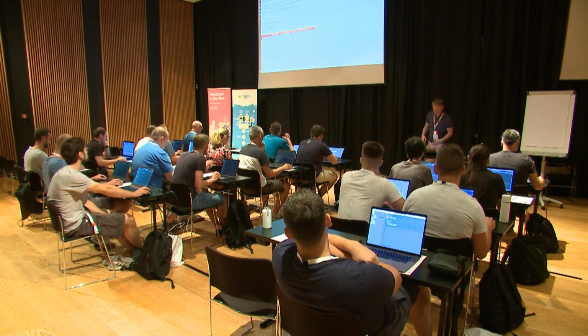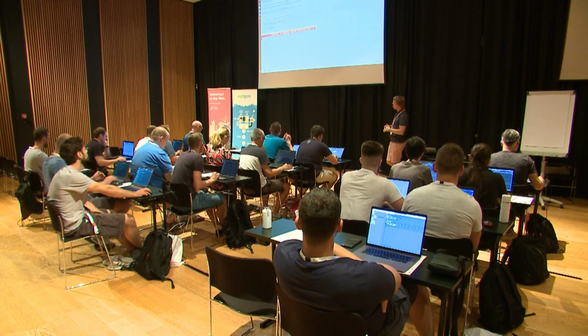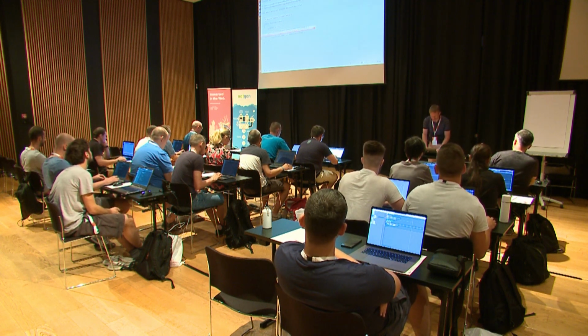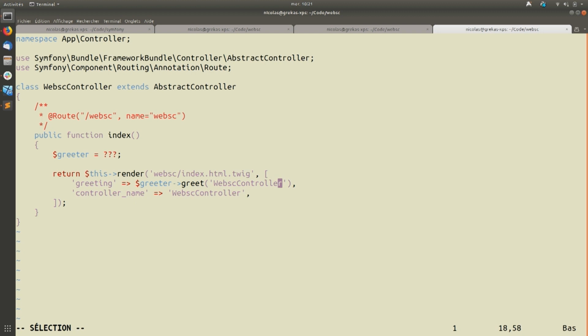So I'm going to create a new variable in the Twig context, greeting, and I'm going to call the method to greet, maybe not the controller, but the summer camp, right?